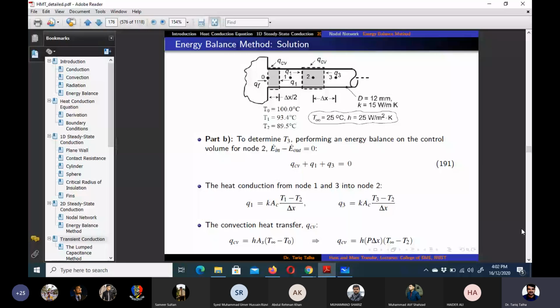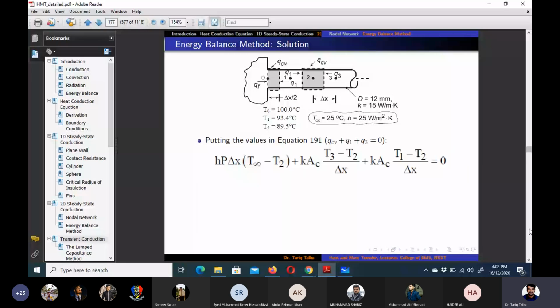So if we put in the values, the first one is convection, and the only unknown in this equation is T3. So we can take all other terms on the right hand side and calculate T3 from here. If we rearrange for T3, it would be equal to minus T1 plus 2T2 minus this whole term which involves the convection, right?